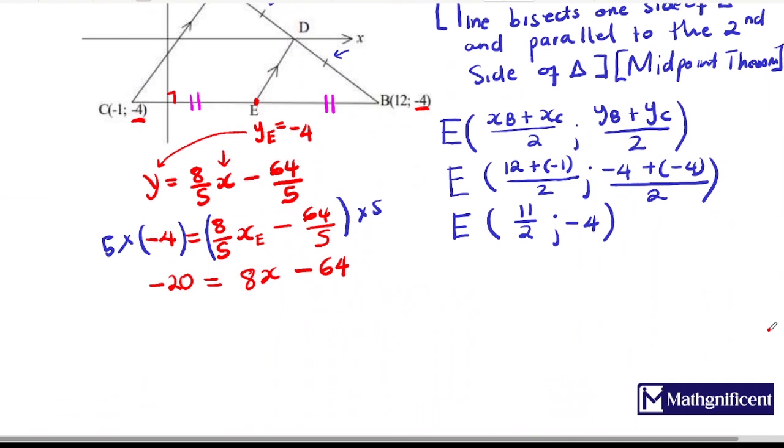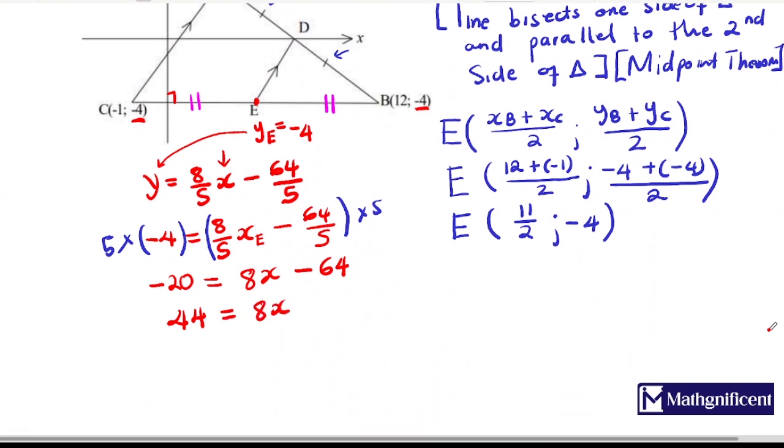So now we further go on to say that negative 20, and then we have this negative 64. So we can transpose this negative 64 to the other side. When we transpose this, we are going to have negative 20 plus 64. So negative 20 plus 64, we are going to get 44, and then we have 8x.